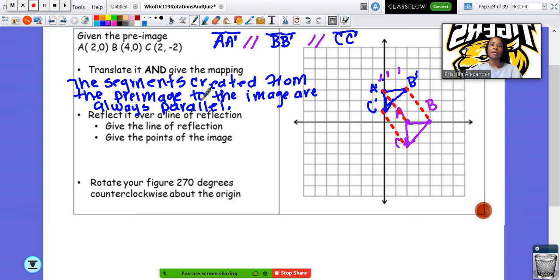Okay, the segments created from the pre-image to the image are always parallel. And you have to make sure you match up the corresponding vertices. Okay? The corresponding vertices are the ones that go together. So A prime goes with A, B prime goes with B, and C prime goes with C. Okay? Let's move on to the next one.